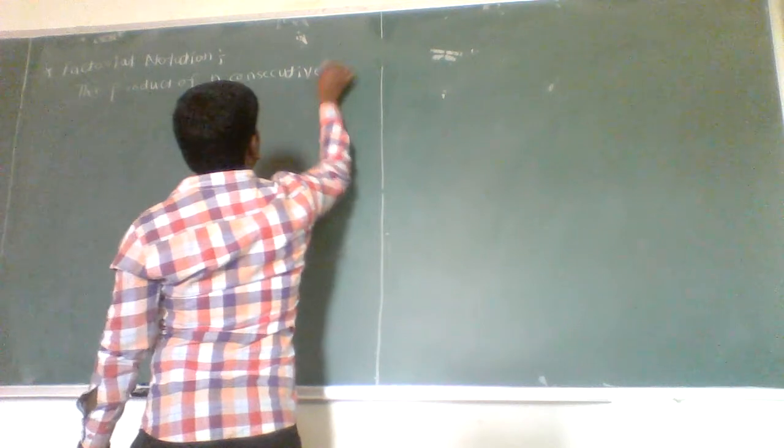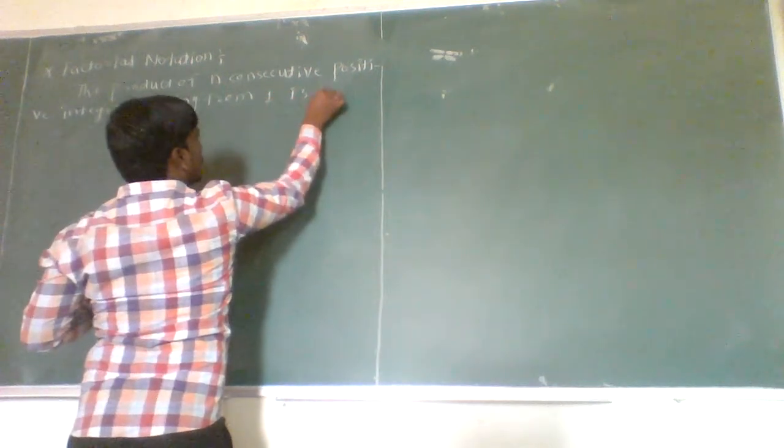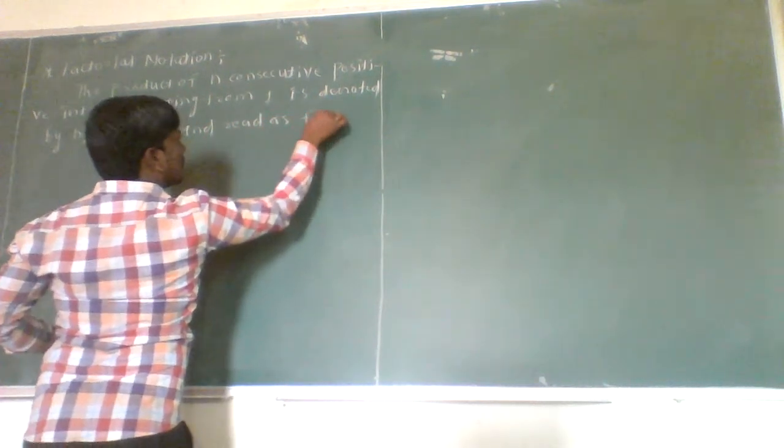The product of n consecutive positive integers starting from 1 is denoted by this symbol, and read as factorial n.